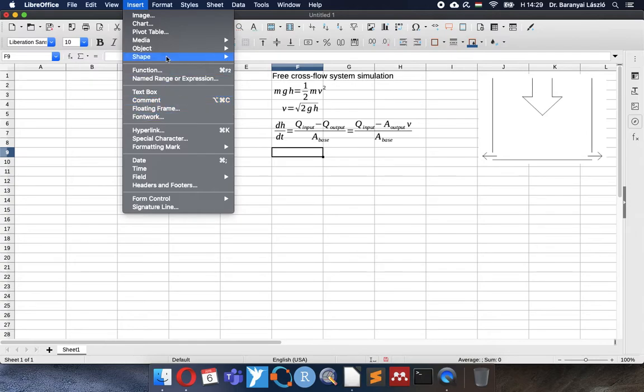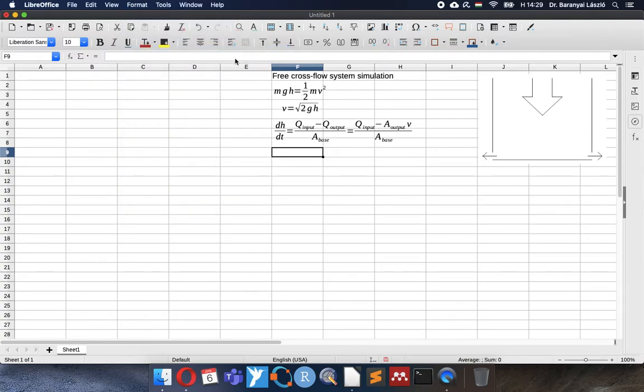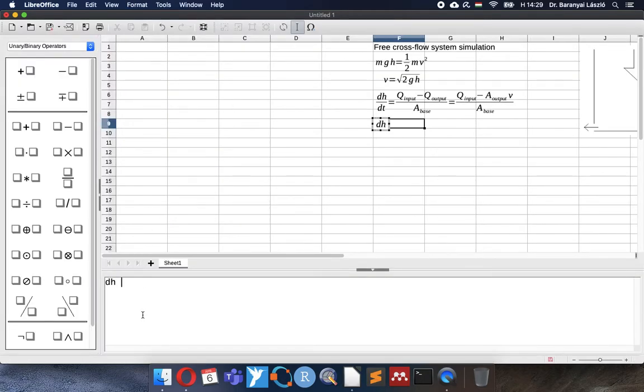So I will modify this equation a little bit, that way that the time step will be on the other side, and the input water flow minus the output cross section times the square root of the 2 times gravity acceleration times height.